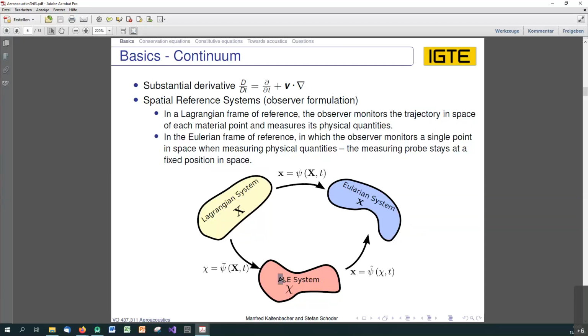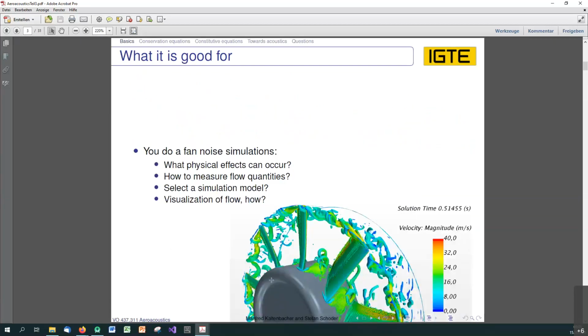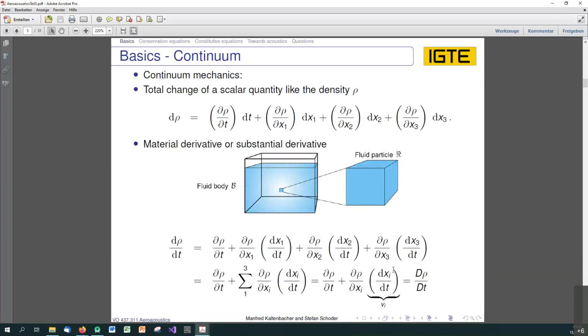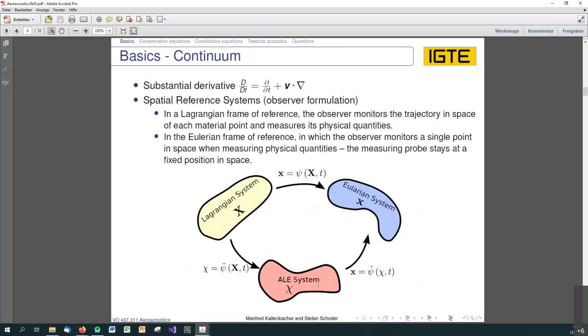So for instance, as we saw before, in these fan simulations the ALE formulation is used because it induces some grid rotation and some fixed grids, and then you have a combination of these two methods. But it shouldn't really bother you. Just imagine that you have heard it, and if you're faced in your career at some point with such a system, then you can go back here and check out the details.